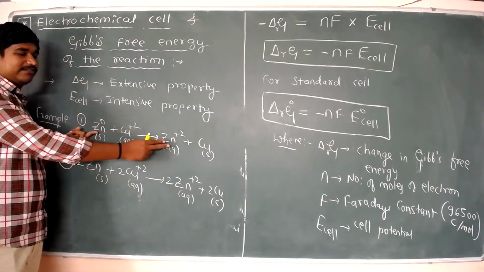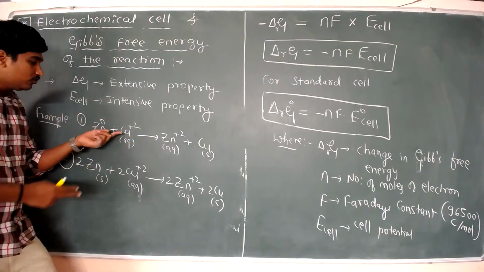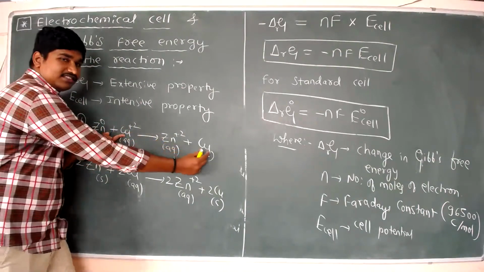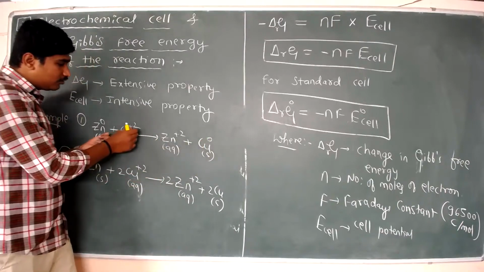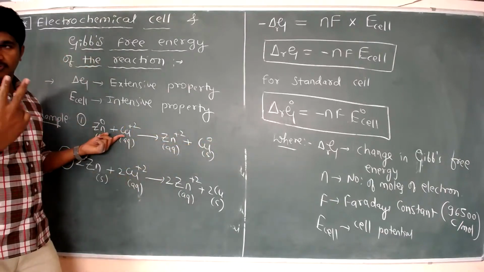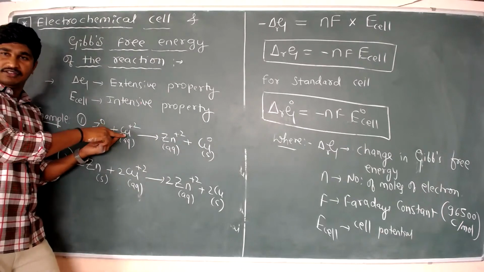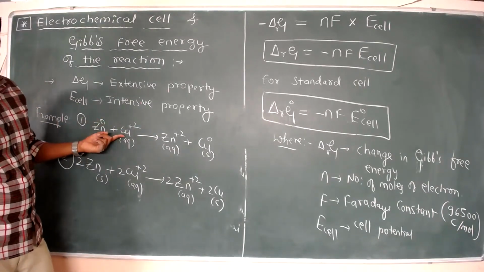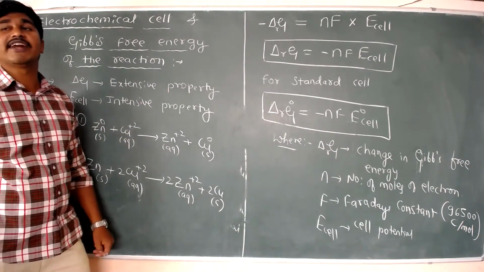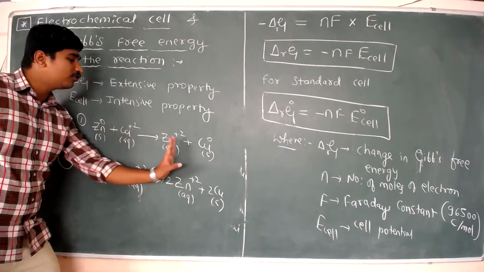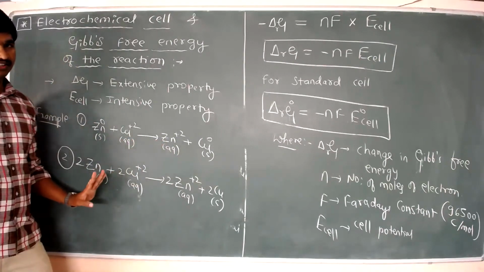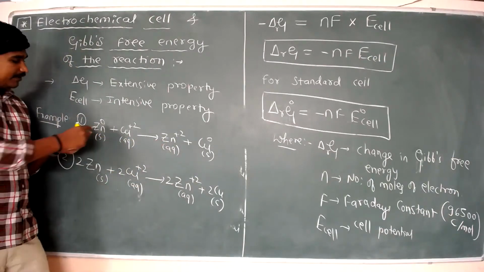After losing 2 electrons, it becomes Zn2+. Those 2 electrons are gained by Cu2+, which has oxidation state plus 2 and becomes Cu with oxidation state 0. To calculate the number of moles of electrons involved in the reaction, select any metal. Here I am taking zinc.